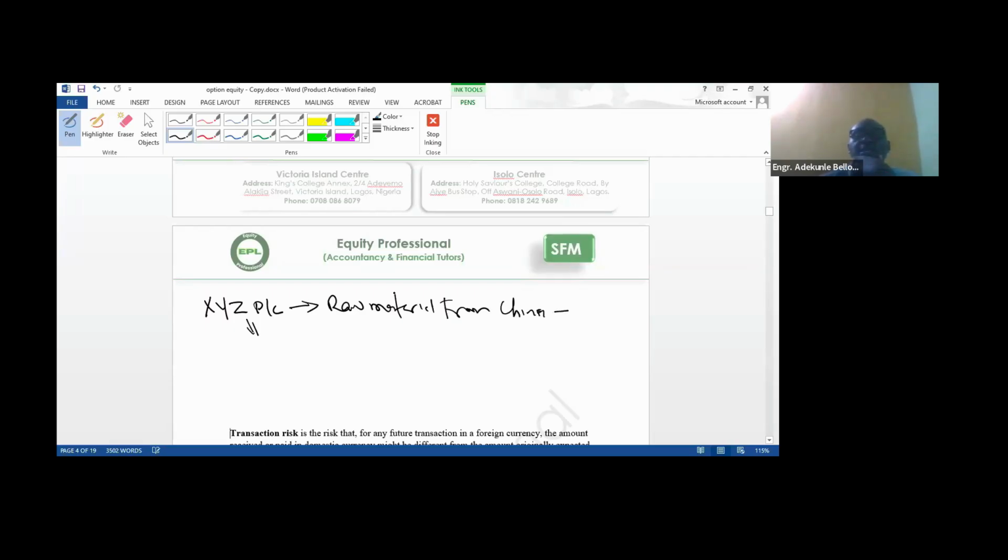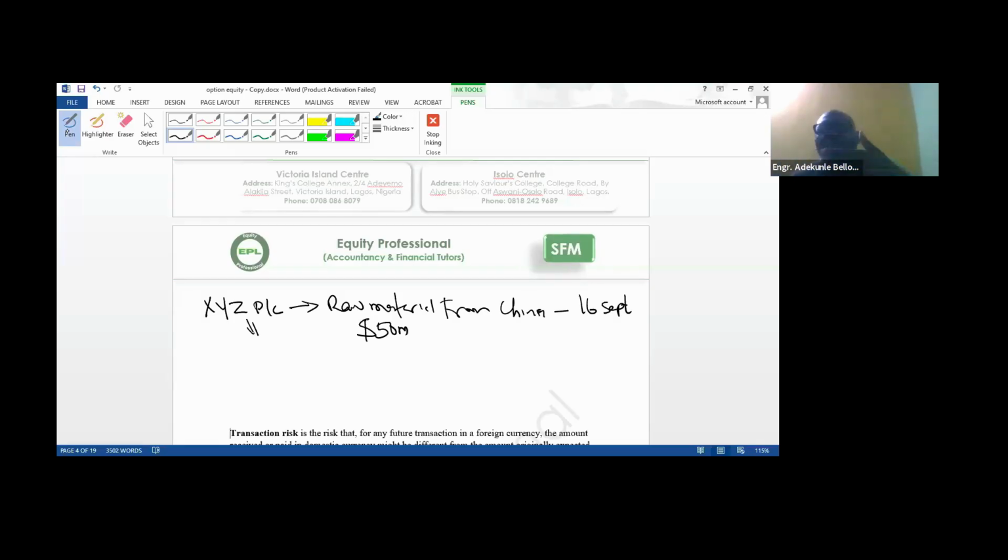Today is 16 September. This raw material was worth $50 million US. We have purchased raw material from our supplier in China. They are worth $50 million.